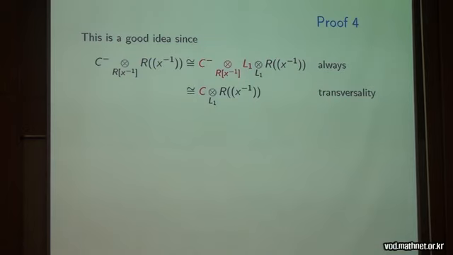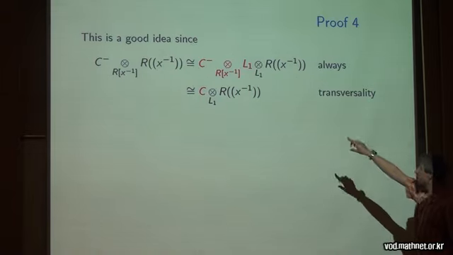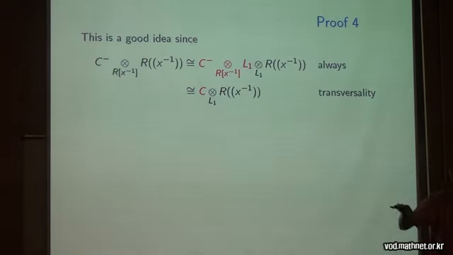But now by algebraic transversality, what I've written in red up there, C minus tensor over the polynomial ring with the Laurent polynomial ring, that's precisely our C. So what you really see is C tensor over L1 with the Novikov ring, but that's what the hypotheses tell us: this is actually 0, or more precisely contractible by hypothesis.